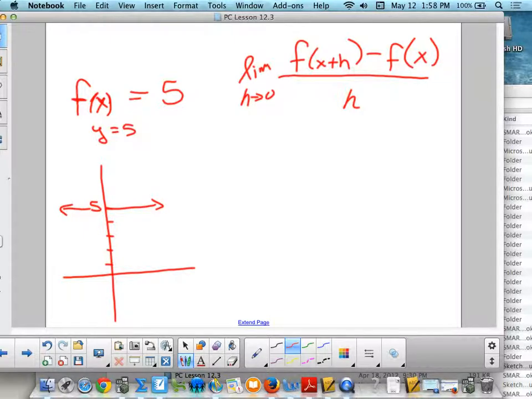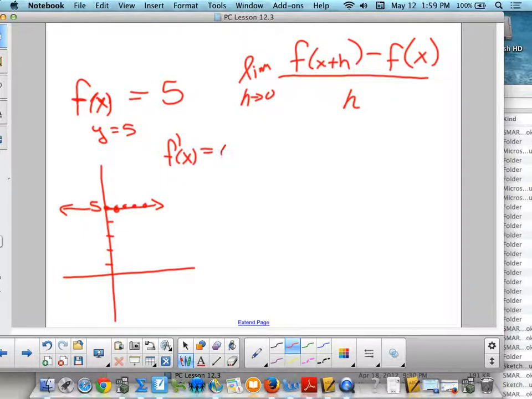It's horizontal. Now, remember the derivative? The derivative will tell you the slope at any point on this graph. Pick this point, this point, this point, I don't care what point you pick. Isn't the slope on a line always going to be the same? What's the slope of a horizontal line? 0. Guess what?